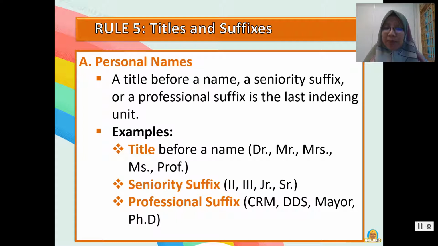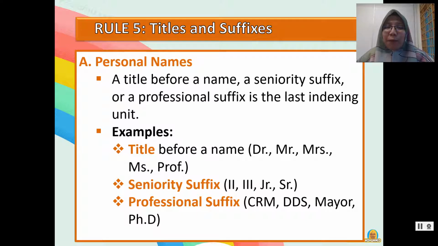A title before a name, for example, Doctor, Mr, Mrs, Miss, and Prof. These are what we call the title. The seniority suffix is a Roman number 2, number 3, JR, which is junior, SR, which is senior. And the professional suffix is, for example, CRM, DDS, mayor, and also PhD.